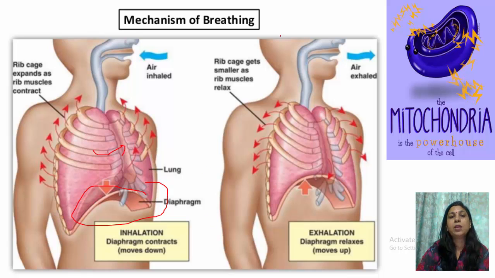Opposite is exhalation, that is giving out of carbon dioxide rich air. In this the diaphragm relaxes, that means it moves up. In inhalation it moves down, making the chest cavity large. Here it moves up and the ribs move downwards.